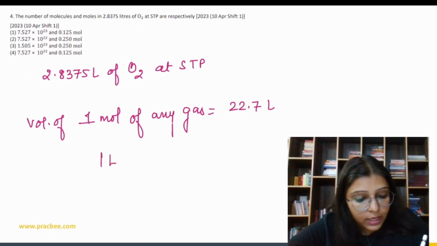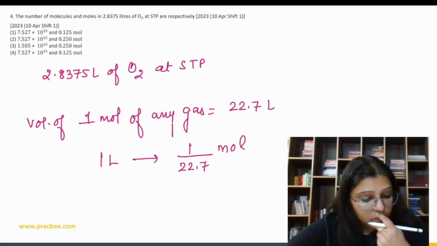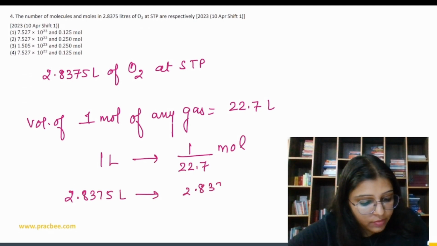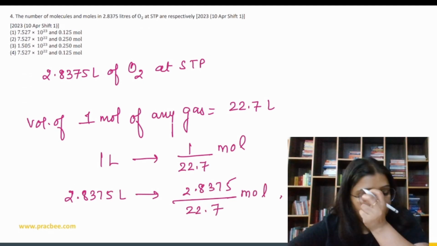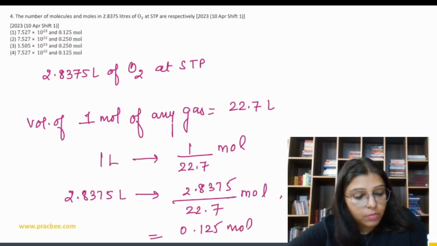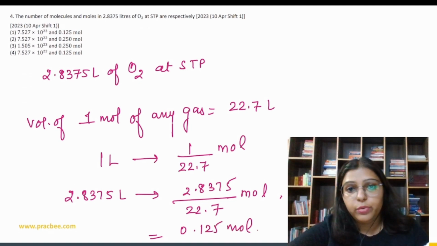So in 1 liter we have 1 upon 22.7 mole. So in 2.8375 liter we have 2.8375 divided by 22.7 mole. On solving we get 0.1254. So the number of moles is equal to 0.125.